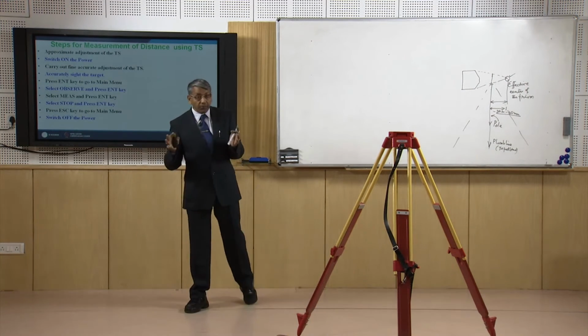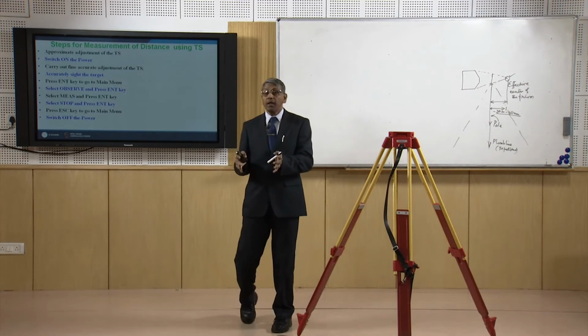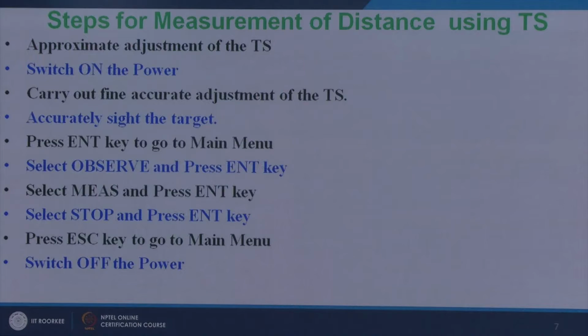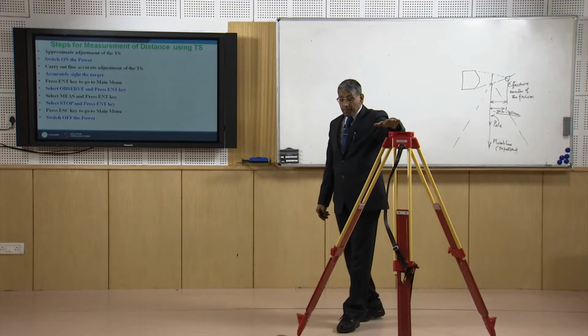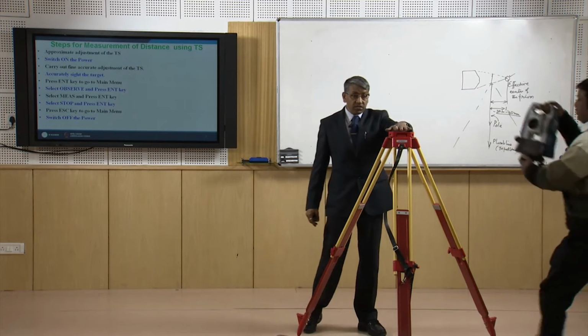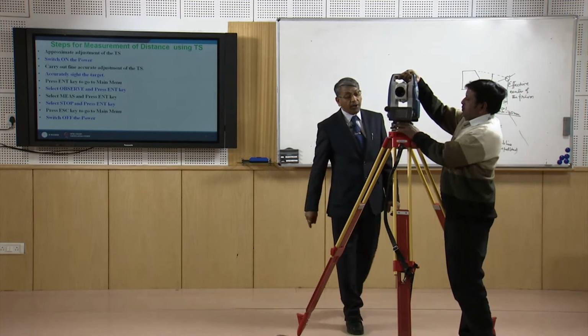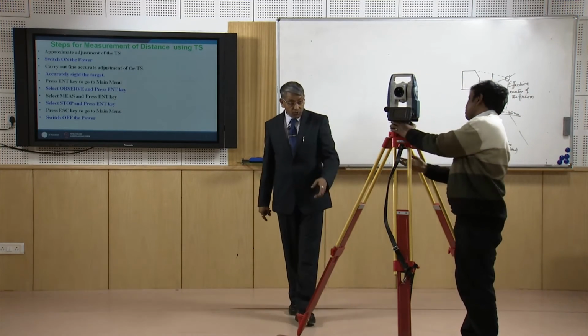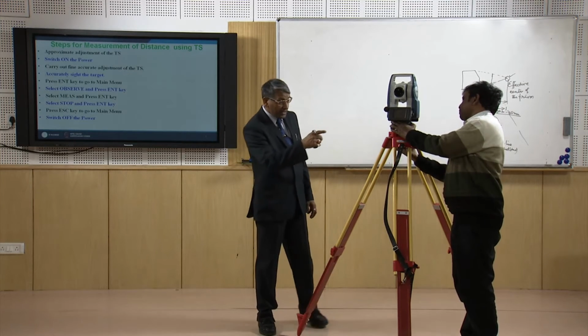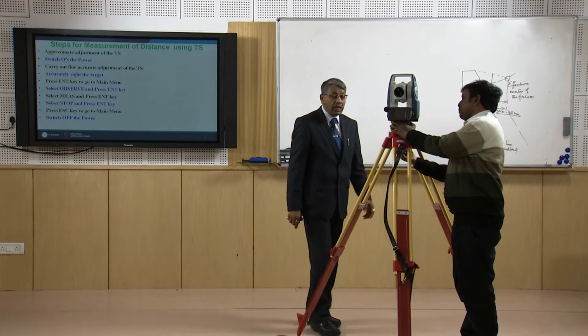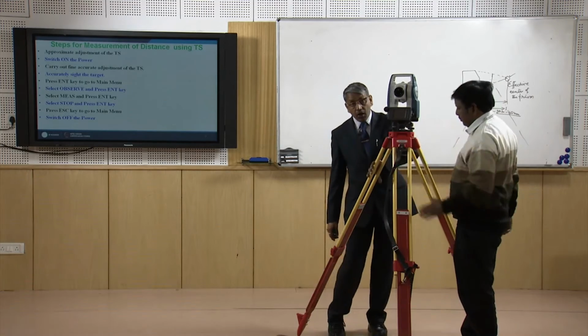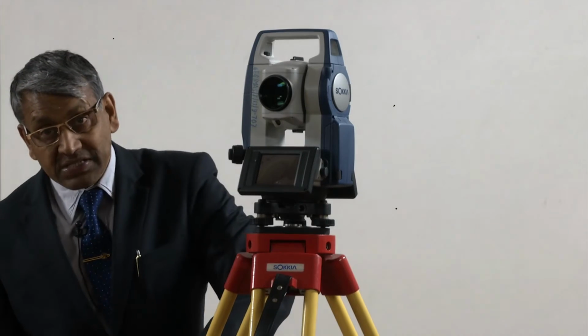Now, I will demonstrate how to actually measure the distance using the total station. As I told you, to make the survey measurement using a total station, the first thing we need to do is the temporary adjustment of the instrument, which starts from fixing the tripod stand.